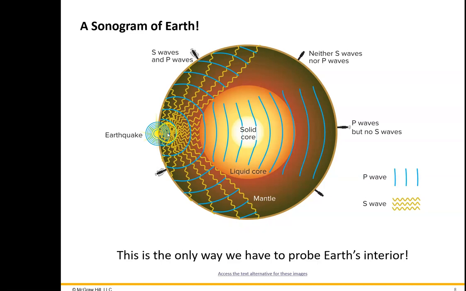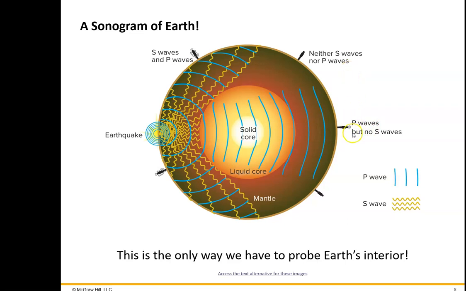But there's a cone shape. Anything inside of this cone, where I'm showing you with the cursor here, you'd only see P waves.